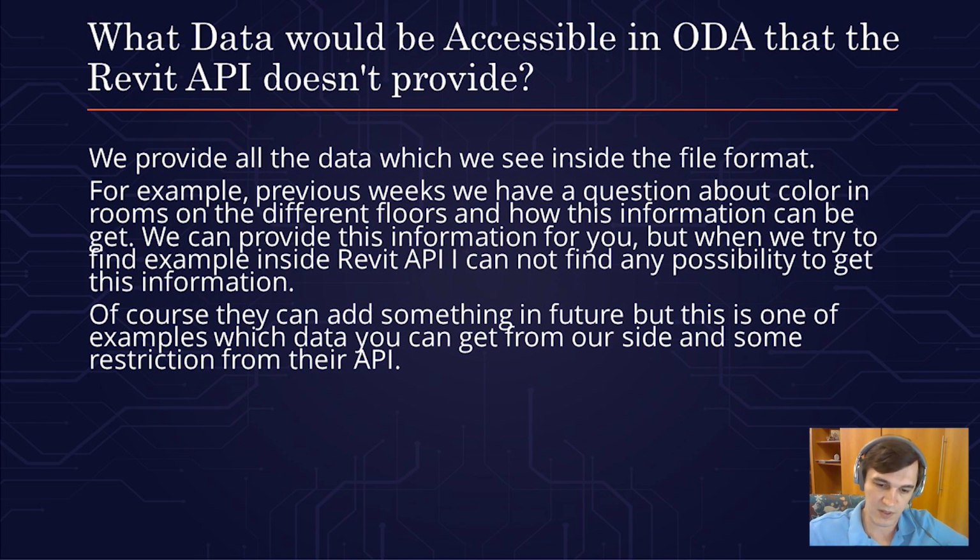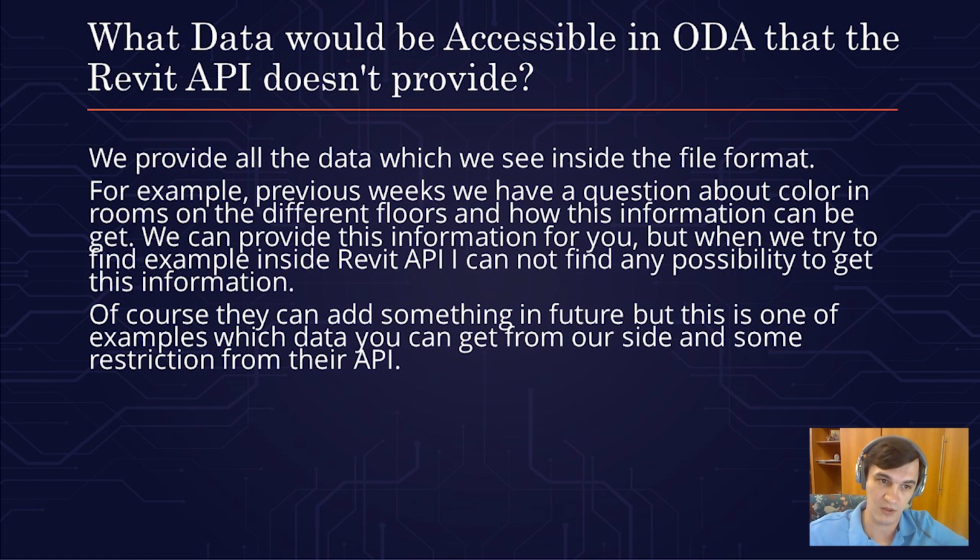in previous weeks we had a question about color in rooms on different floors, and how this information can be obtained. We can provide this information for you, but when we tried to find an example inside the Revit API, I could not find any possibility to get this information.